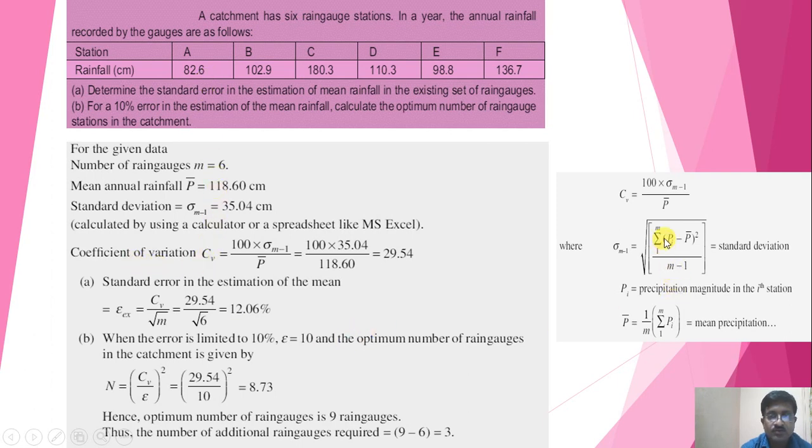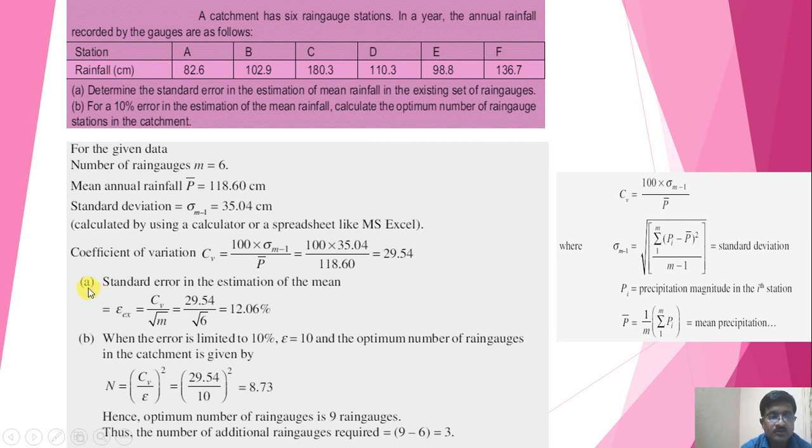Then, by using this particular formula, the coefficient of variation CV is equal to 100 times 35.04 divided by the mean annual rainfall 118.6. You are going to get a coefficient of variation of 29.54.